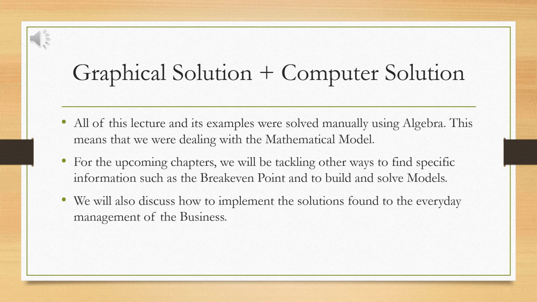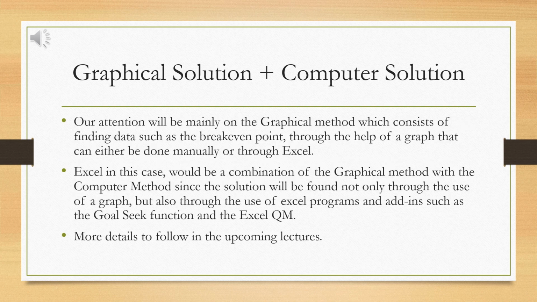We will also discuss how to implement the solutions found to the everyday management of the business. Our attention will be mainly on the graphical method, which consists of finding data such as the break-even point through the help of a graph that can either be done manually or through Excel.